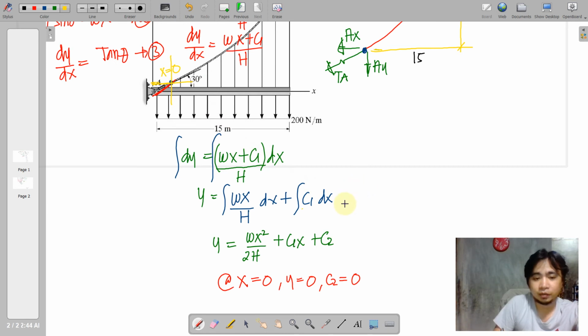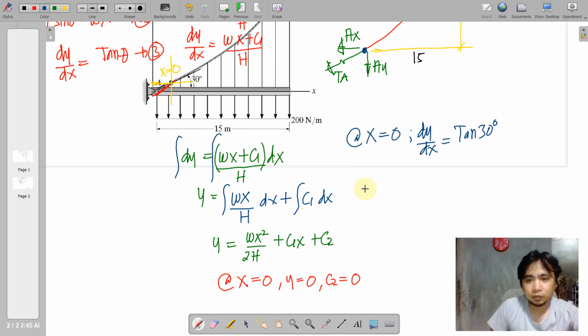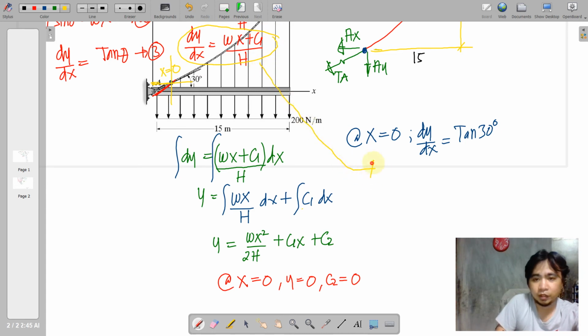So by that, we can say that at x is equal to 0, our slope is equal to tangent 30 degrees. So we are going to utilize this equation, okay, to solve for the value of C1. So dy over dx is tangent 30 degrees.